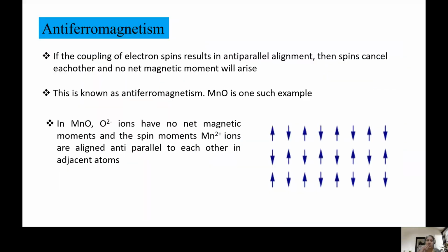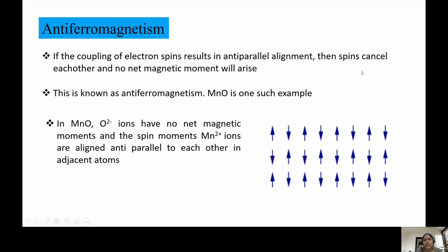And two more different kinds of magnetism are there. Those are antiferromagnetism first. If the coupling of electron spins results in anti-parallel alignment, the spins cancel each other and no net magnetic moment will arise. As I already told, the interaction between neighboring electrons, that is the coupling of electron spins, produces the anti-parallel alignment as shown in the diagram.